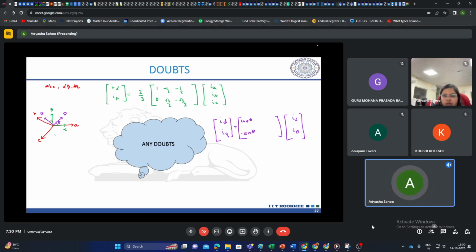Similarly for beta, it will be positive, it will be sine theta and cos theta, where this theta is the angle between your alpha and d axis. So this is the transformation from ABC to alpha beta and from alpha beta to the DQ frame. So I hope this was clear.